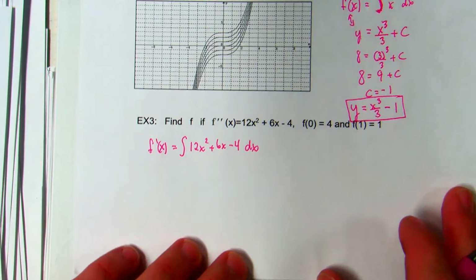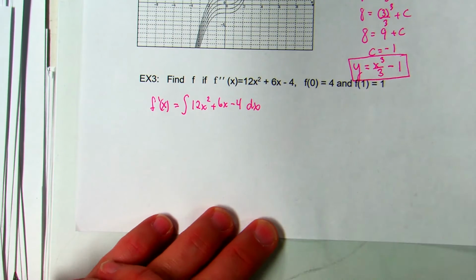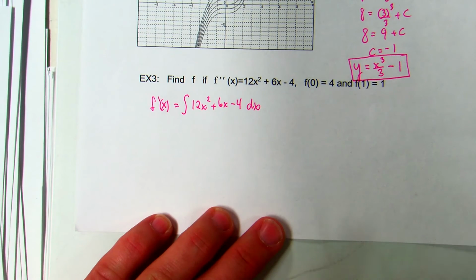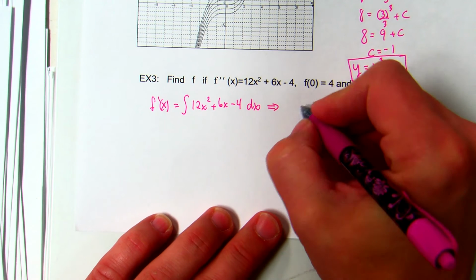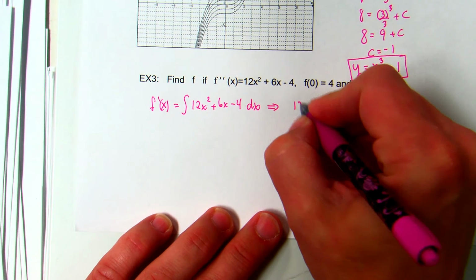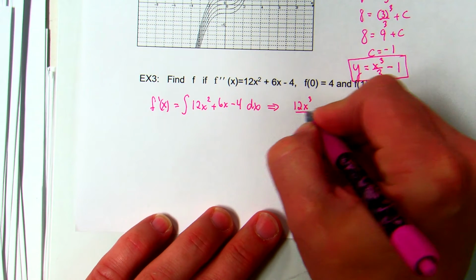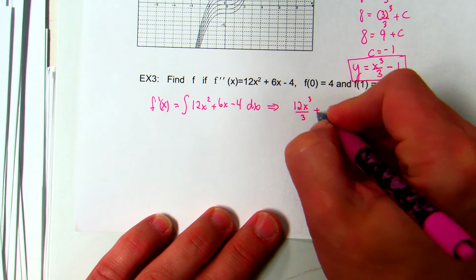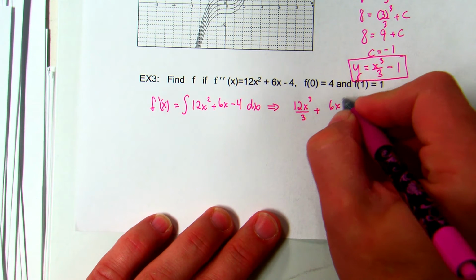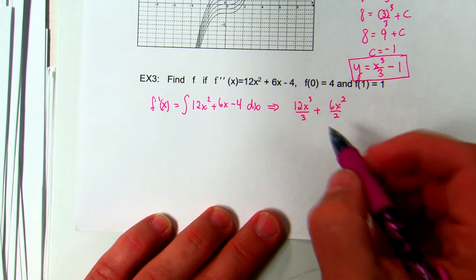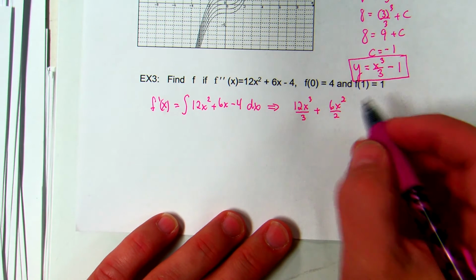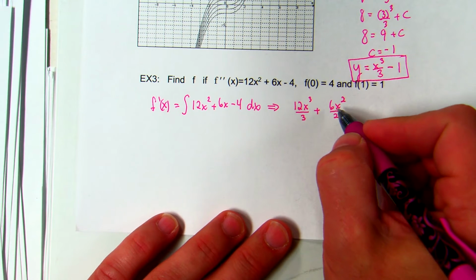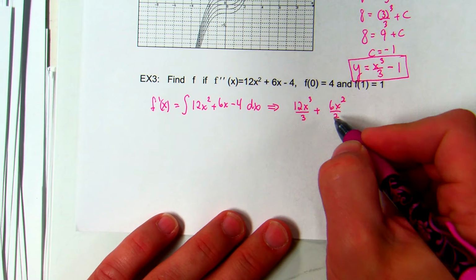So let me move this up here so we can have more room to work. If we're going to take the antiderivative here, the integral of this, we're going to end up with 12x cubed over 3 plus 6x squared over 2. And when we learned these rules in the previous lesson, you're going n plus 1 over n plus 1.